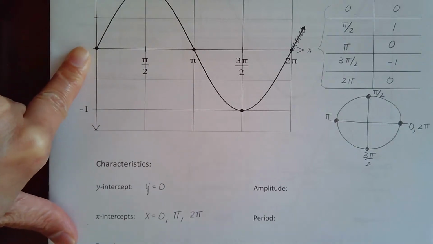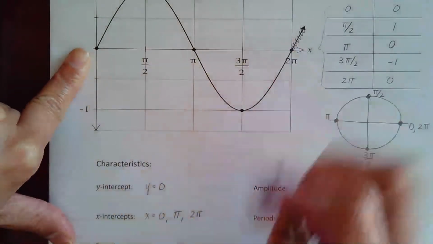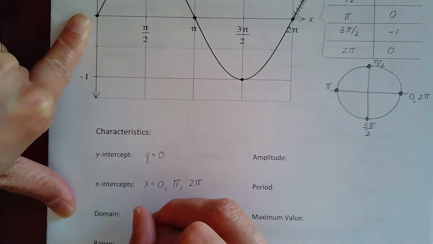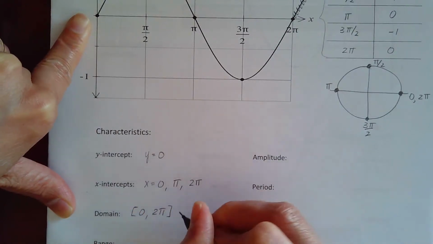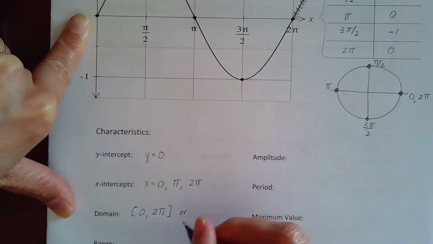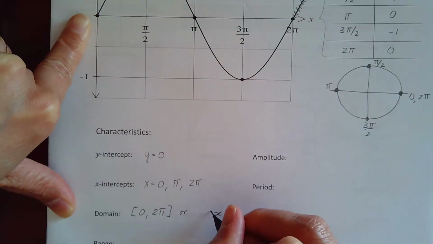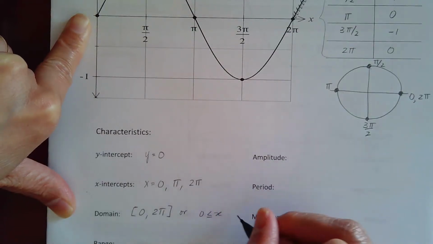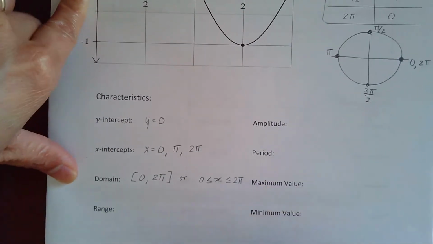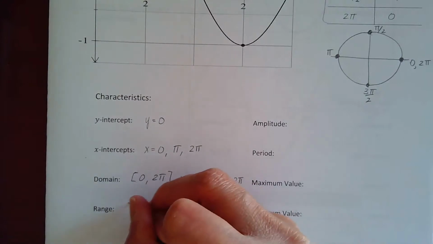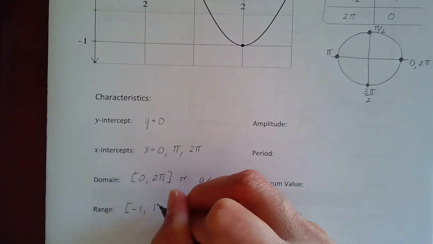What's the domain? Domain is from 0 to 2 pi. Or we can say x is greater than or equal to 0, but less than or equal to 2 pi. Range. Range is from -1 to +1.